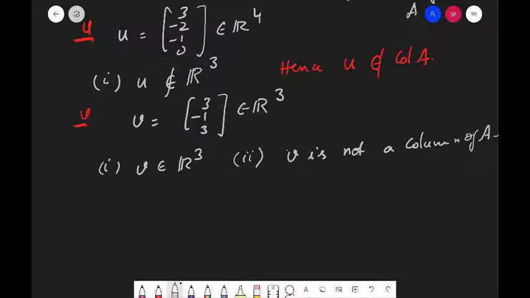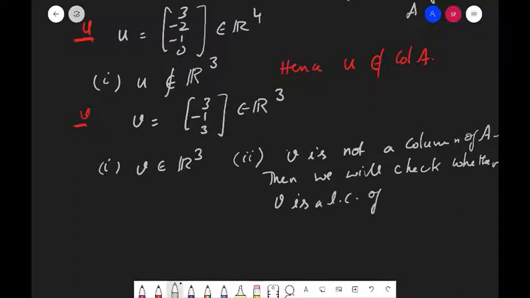Then what do we check? Then we will check whether V is a linear combination of columns of A. So this we want to check now. How do we check whether a vector is a linear combination?